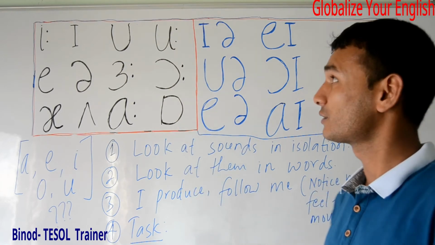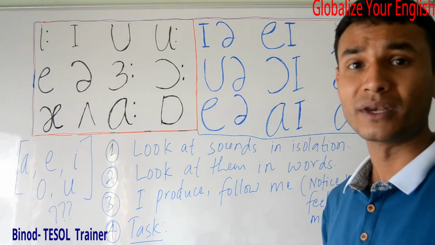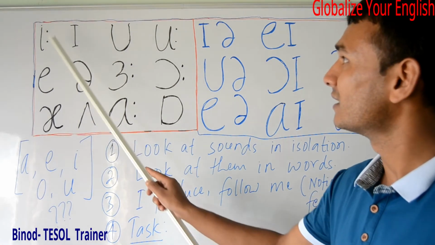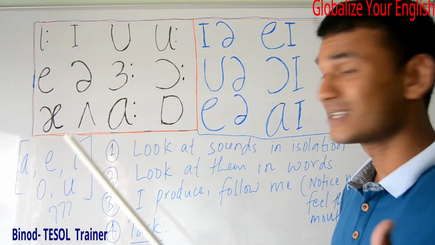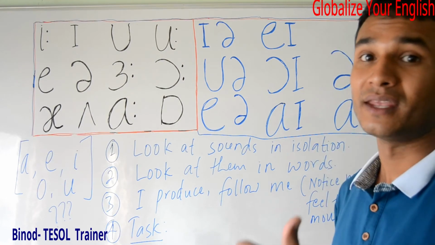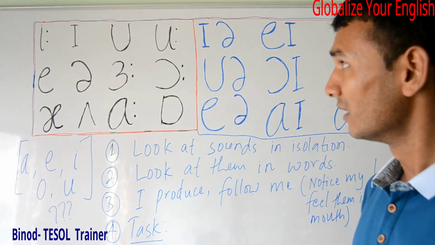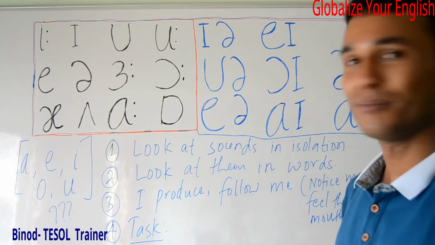Let me go to the first one. And before I produce the sound, let me make one thing pretty clear here. You see these two dots here, they show that the particular sound is produced a little longer than the one without dots. Okay. So here, we will look at individual sounds. Let's jump into it.